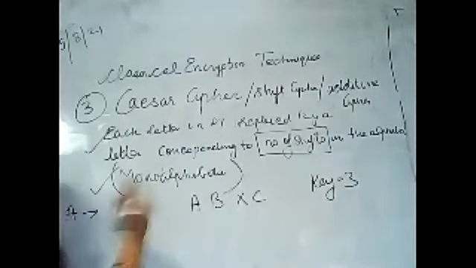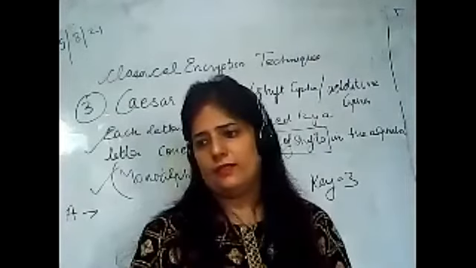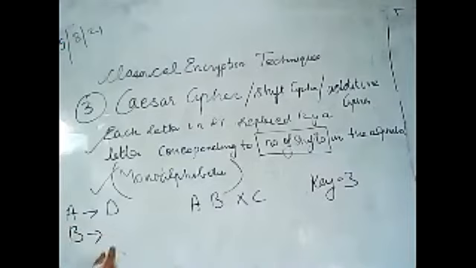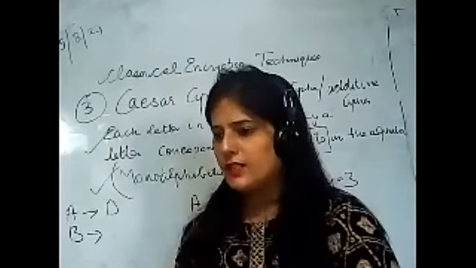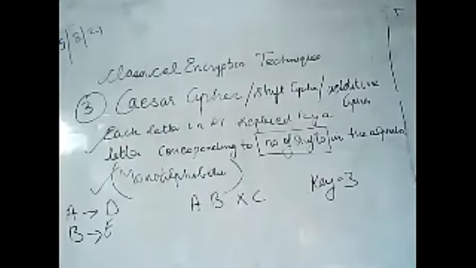If we represent A with a value of 3 shifts, then after A, if we move to the third letter, we have B, C, D. So A changes to D. Again, for B, if we follow 3 shifts, we get C, D, E. Similarly, for C we have F.